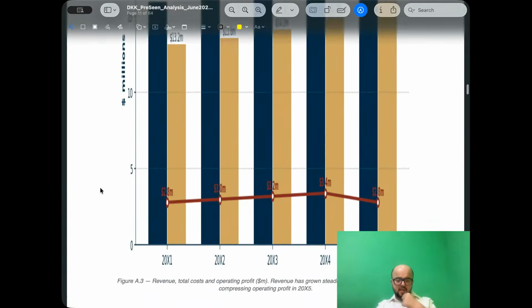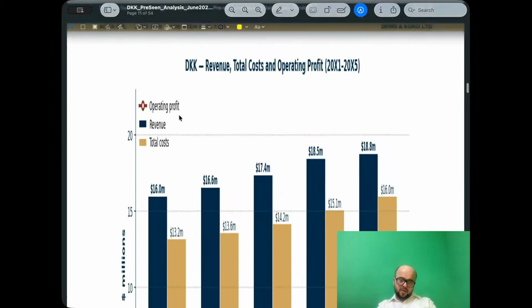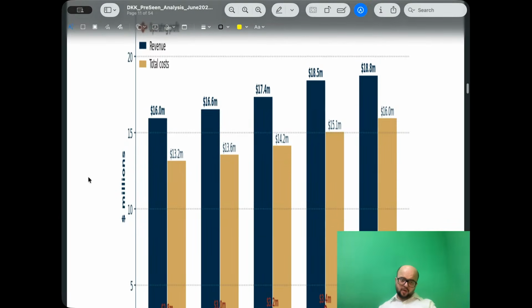So in 2001, revenue is 16, cost is 13.2. Okay, one of you, Kesha, can you calculate the operating profit ratio here? 16 minus 13.2 upon 16.